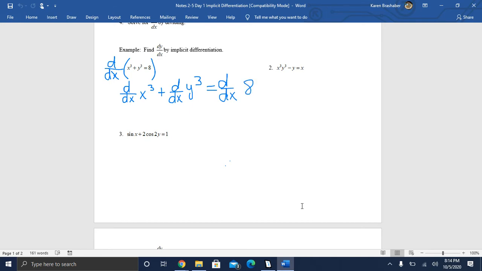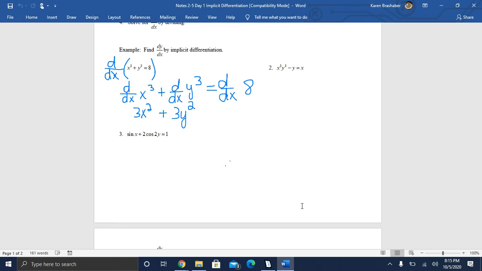And so anytime that you're doing the derivative of just an x term, you do your power rule and no other changes. So for x to the third, that would become 3x squared. But in my next derivative, I'll be doing the derivative of a y term. So I'll still do the power rule, 3y squared. But because I'm doing the derivative of a y with respect to x, I have to do the derivative of the y with respect to x.